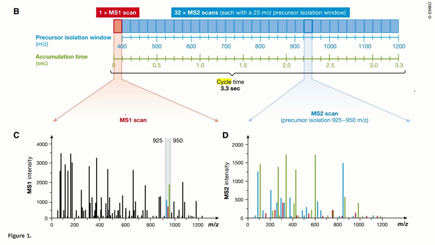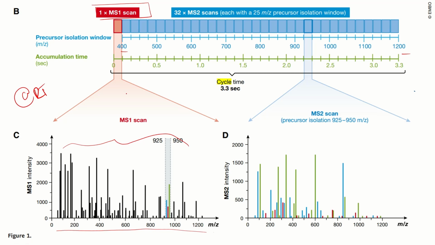As an example, they have selected the m/z range of 400 to 1200 and they are doing one single MS1 scan, so you get every precursor ion. There are a lot of precursor ions, and this is at a very particular RT, and after every 3 seconds this will change.